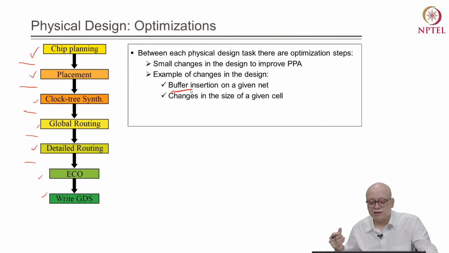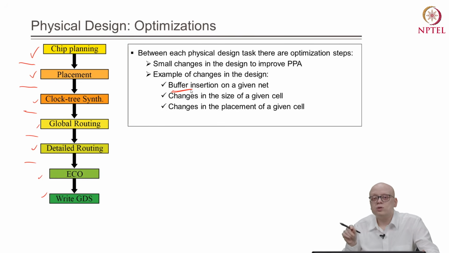They can do buffering, they can resize the cell. It can increase the size of the cell if we want to improve the performance, or maybe to meet some slew criteria or some design constraint, or it can reduce the size of a cell to improve the power or meet some design goal, or it can change some placement location to optimize the timing, right?